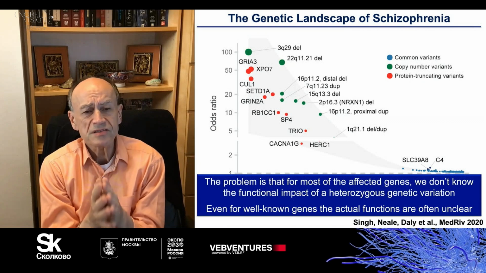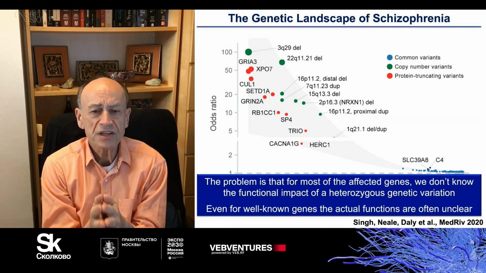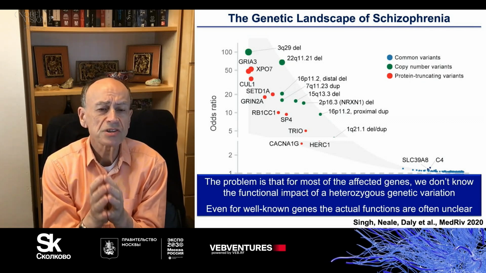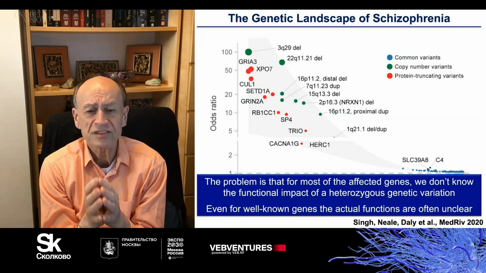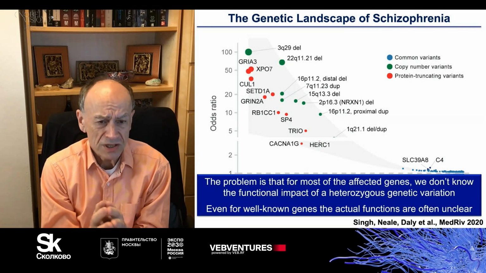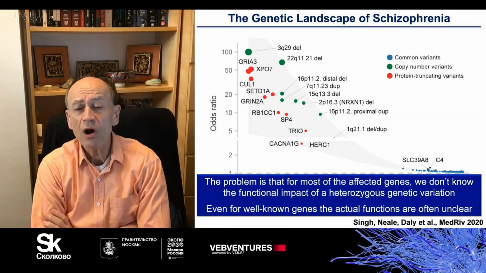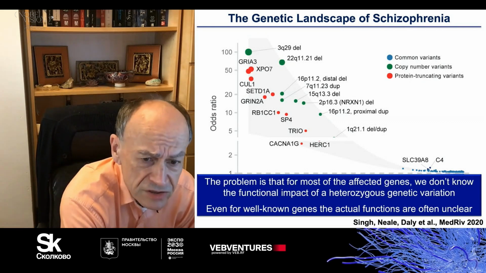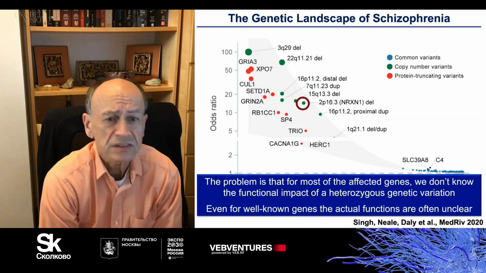The problem here is that for most of the affected genes, we don't know the functional impact of a heterozygous genetic variation. And even for well-known genes, the actual functions are often unclear. And this also applies to neurexins.